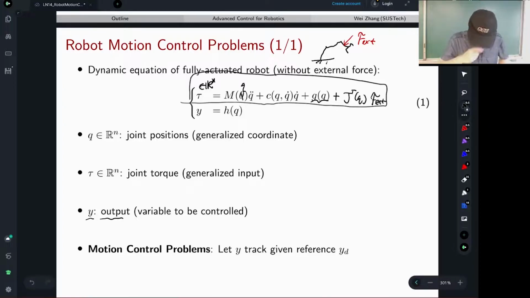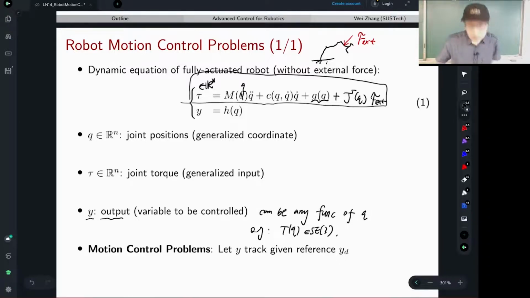An example could be the entire T in SE3, the end effector frame, or just the origin of the end effector frame.